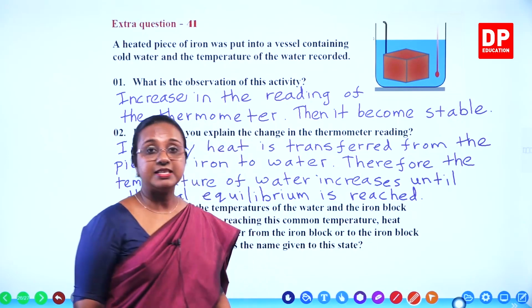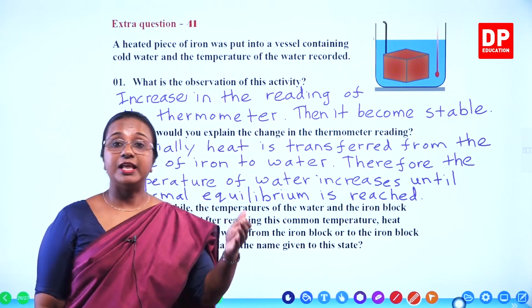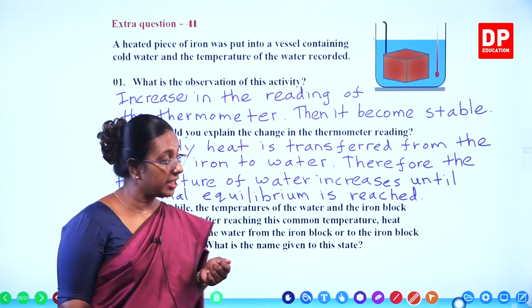Or students, you can say until the temperature of water and the piece of iron become equal.